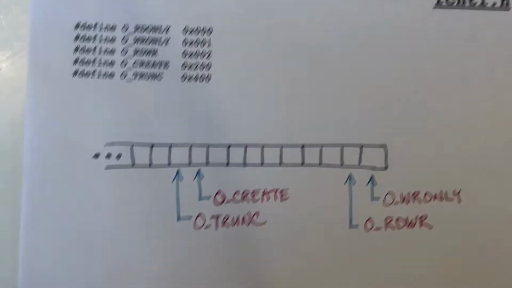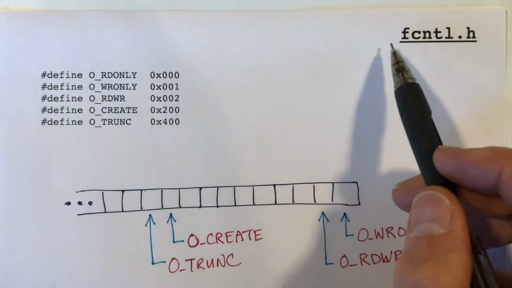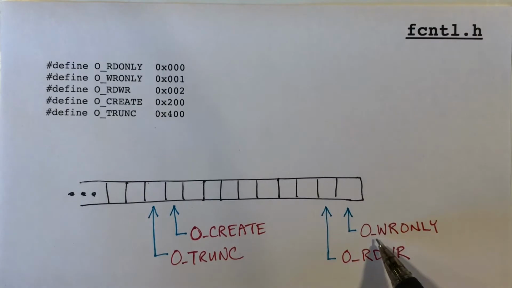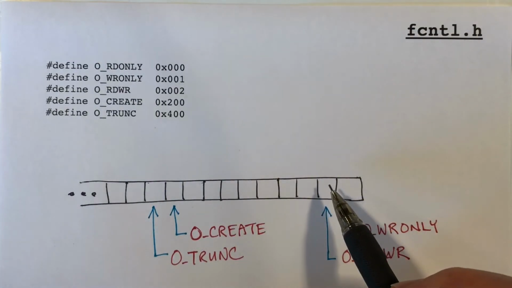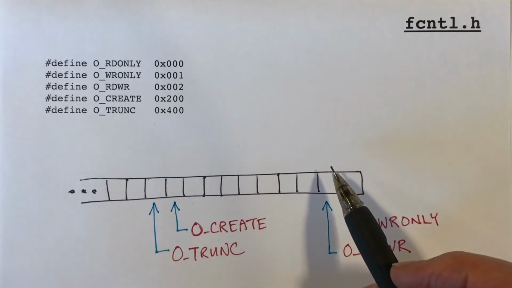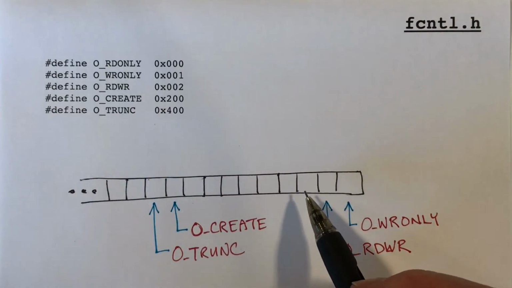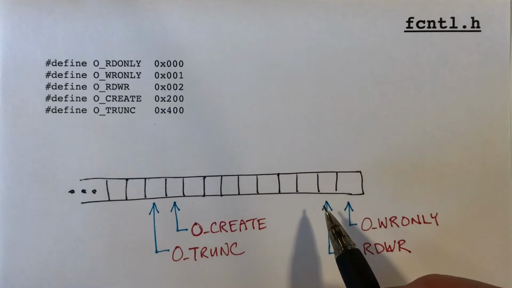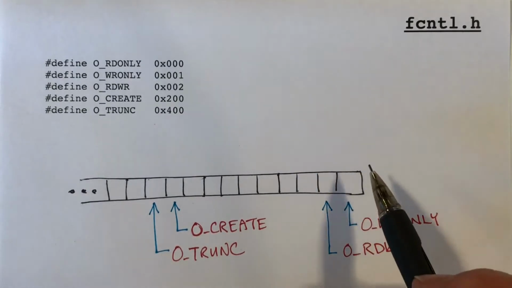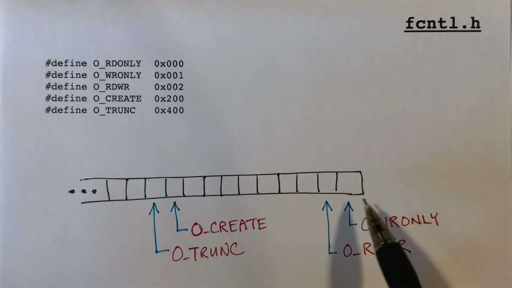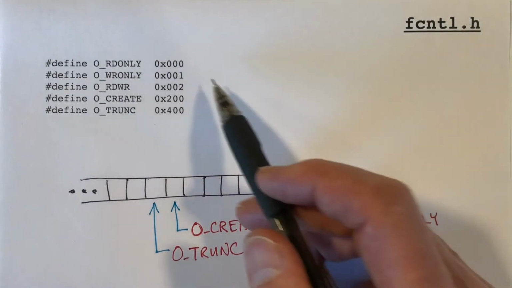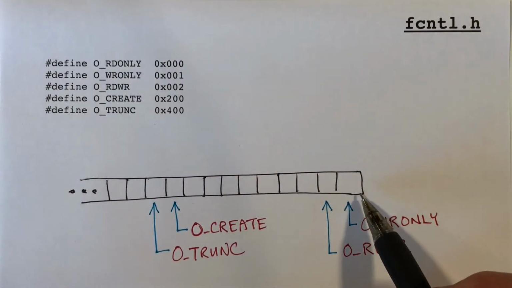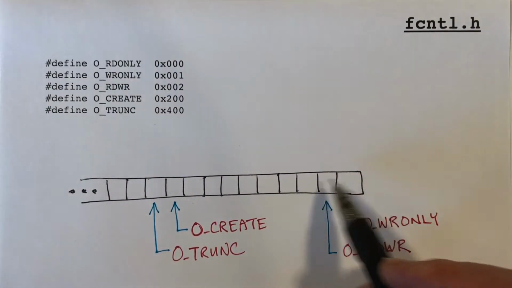Now, this flags value has this definition here for xv6. In real Unix, this is a little bit more complicated, so you can look at the documentation for that if you're concerned about what's going on in production operating systems. But here's what xv6 does. It has the flag word defined with several bits.